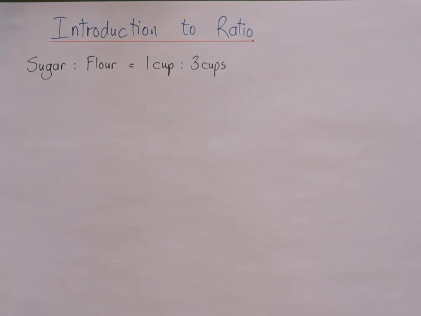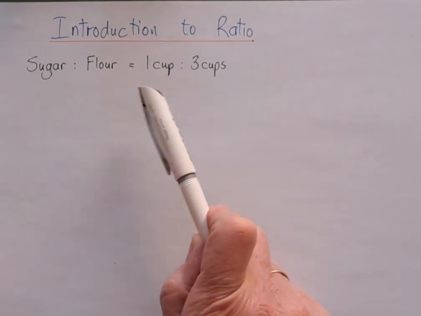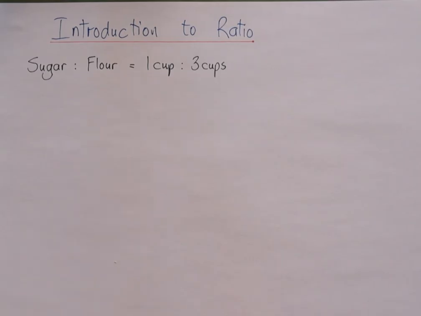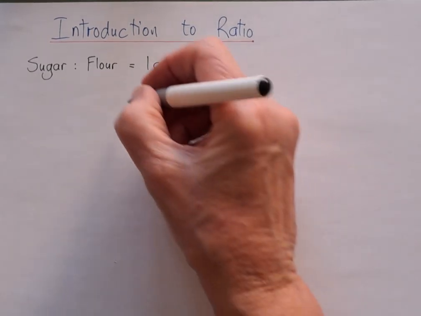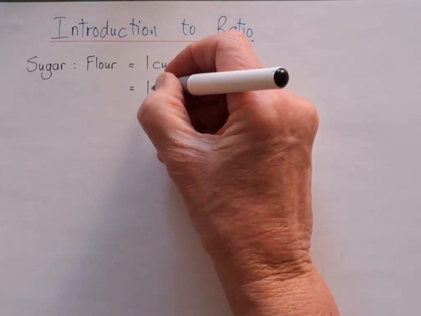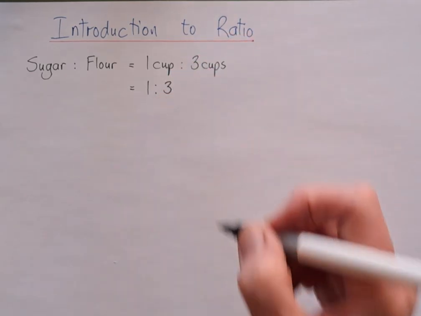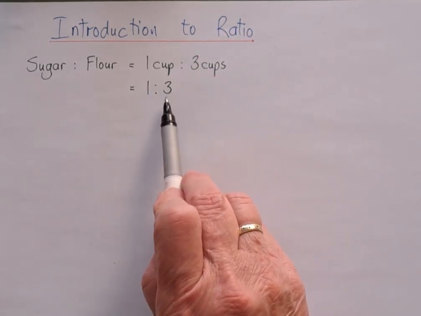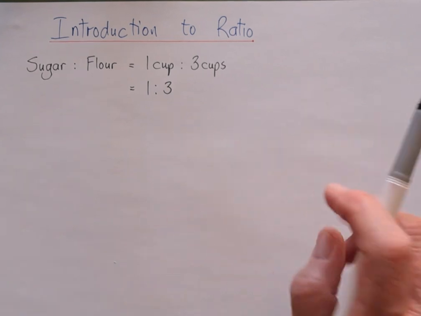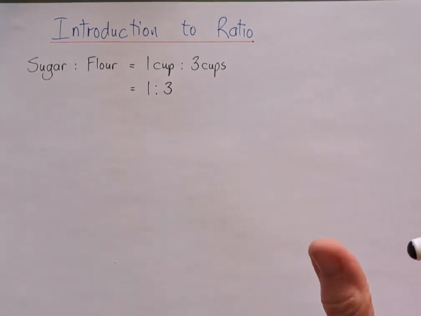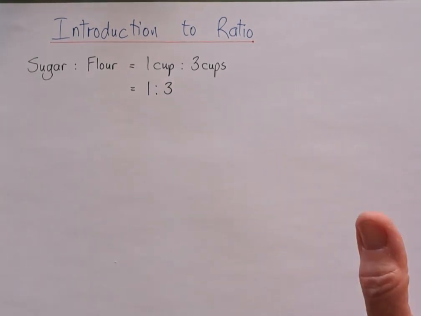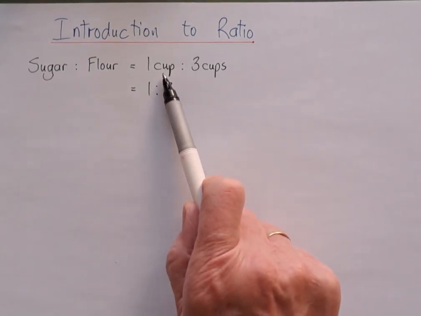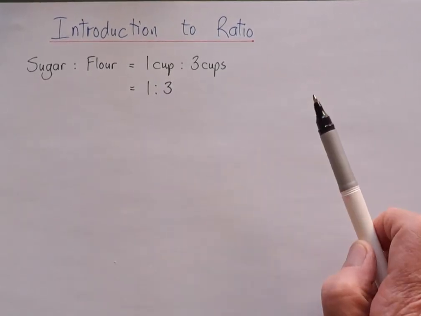So just to specify, it has to be comparing two amounts in the same unit of measurement, but that's not how you would actually write it. You would write it as 1:3. So we don't include the unit of measurement in the ratio, because in another situation, when we want to make a bigger cake or make a whole lot of cakes out of this particular recipe, we might decide instead of measuring in cups, we want to measure in kilograms.